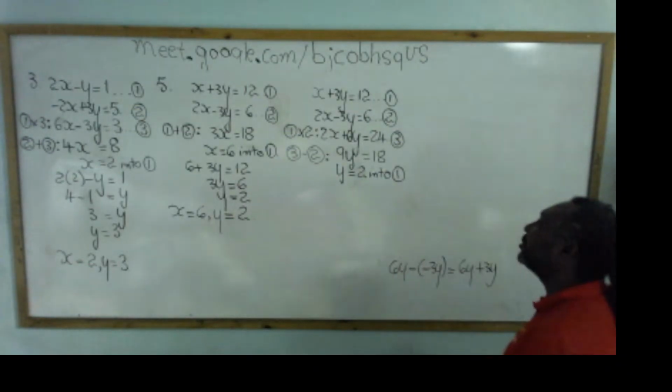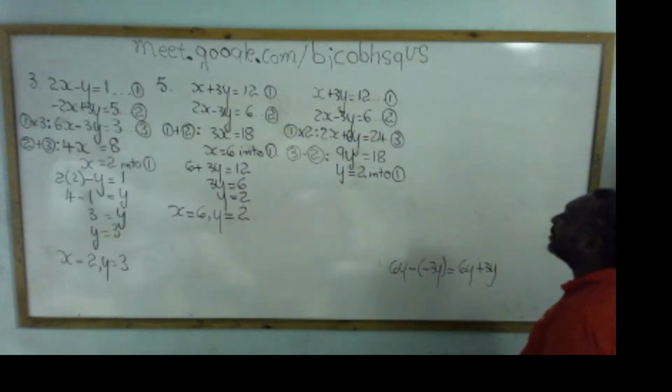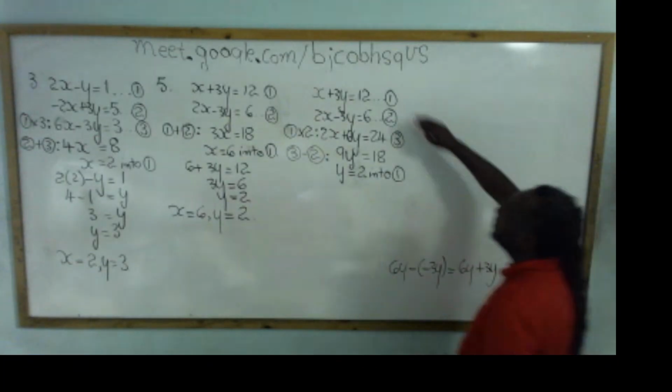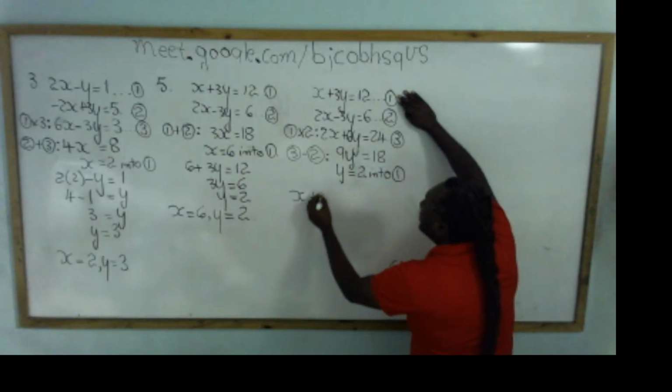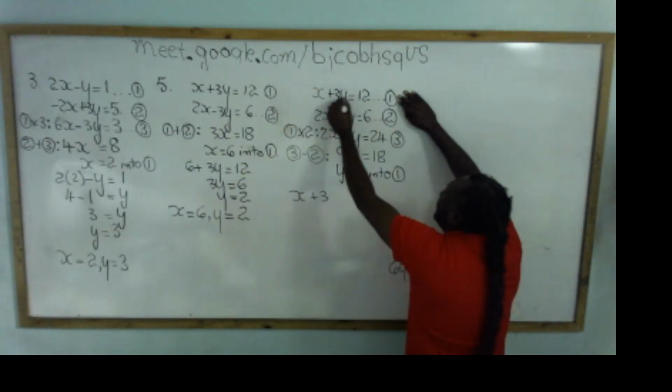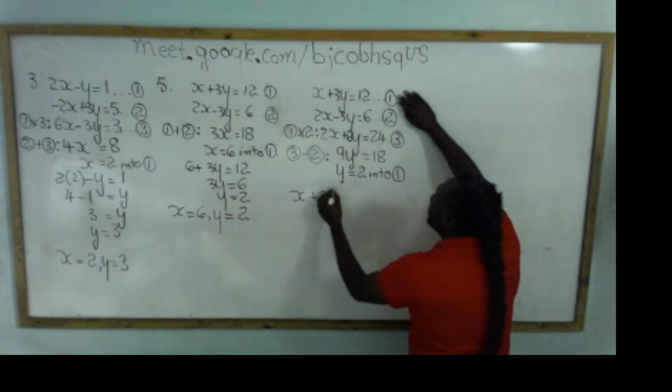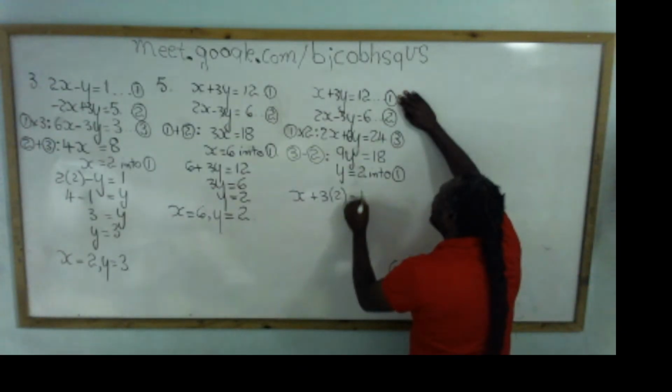y is equal to 2. We'll put that into equation 1. x goes back plus 3 times y. x plus 3 times y. y is 2, so we replace that with a 2 there, that is equal to 12.